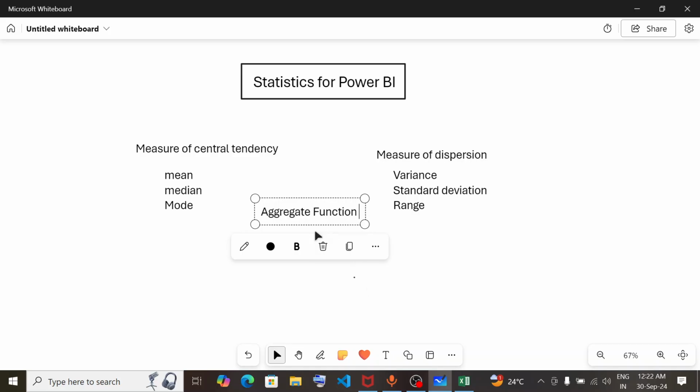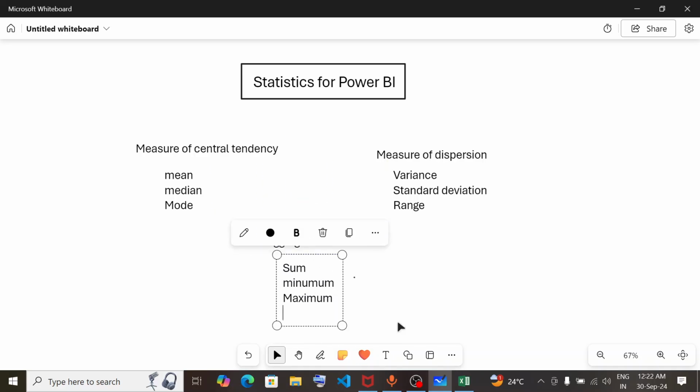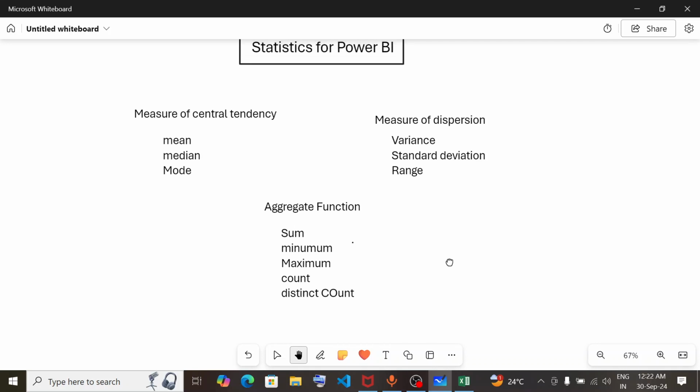The important aggregation functions we are covering in the statistical part will be, first, sum, then second, minimum value, third, maximum value, and apart from this we'll cover count and distinct count. So this is the roadmap we are covering to understand statistics for Power BI.